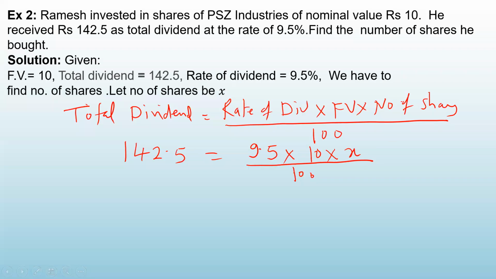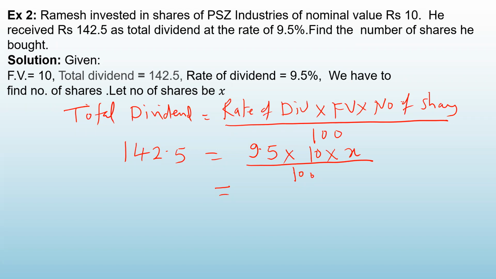Now, let us solve this equation. So 9.5 into 10 divided by 100. This much if you do by using the calculator, how much will you get? You are allowed to use the calculator. So do this calculation. I'm telling you all this because in 11th and 12th, you did not have mathematics.